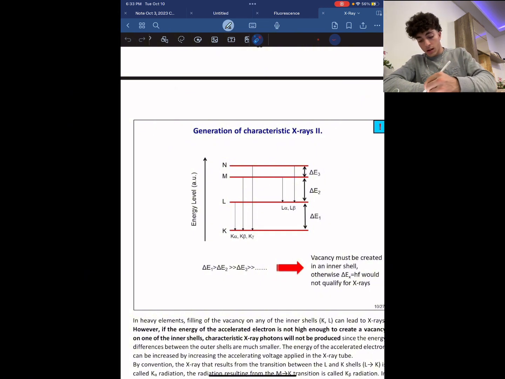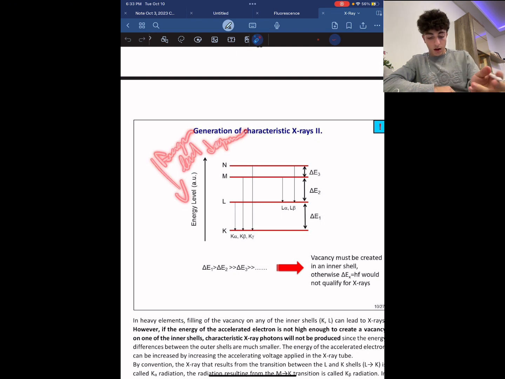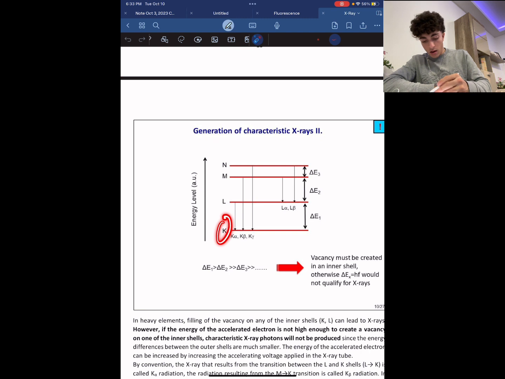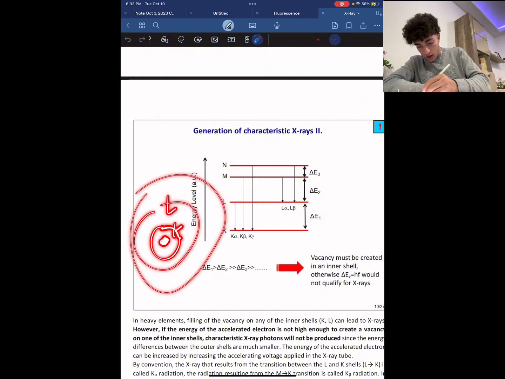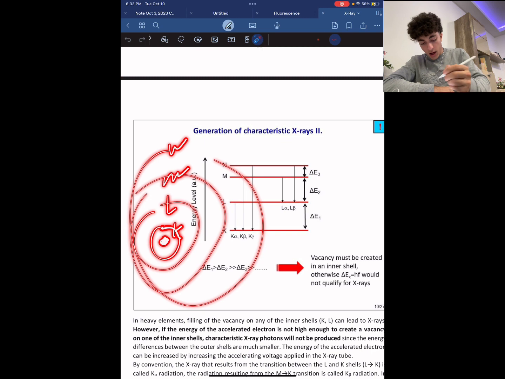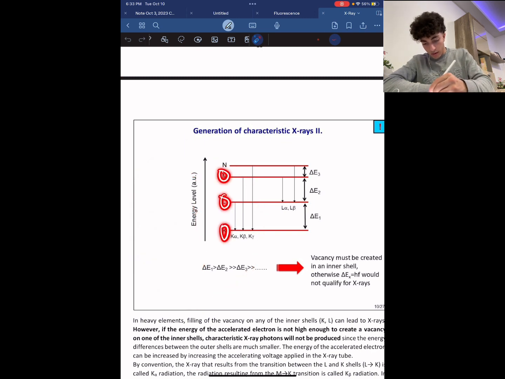So, this is an energy level diagram. Again, sorry for my handwriting. Okay, this is the K, L, M, N. What do these represent? If I draw a nucleus, this is the K shell, L shell, M, N. Okay, so they're energy levels.